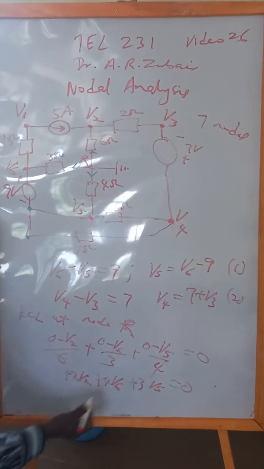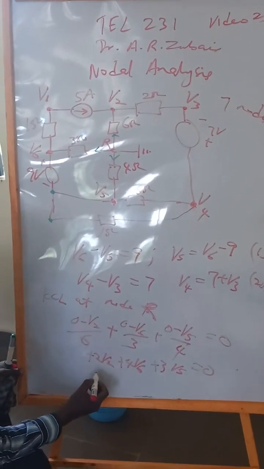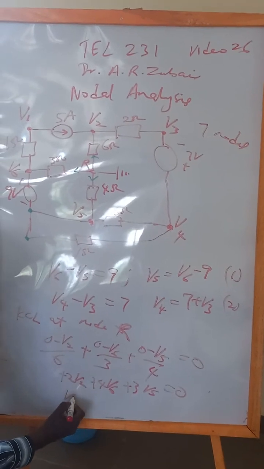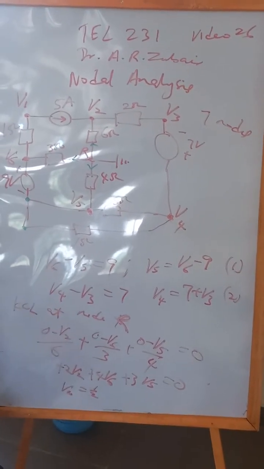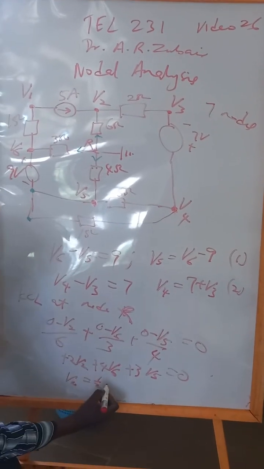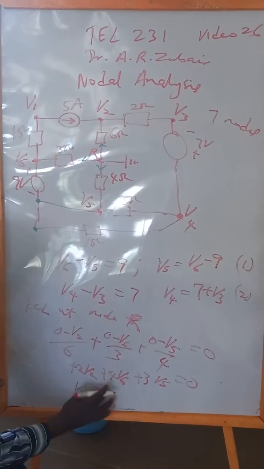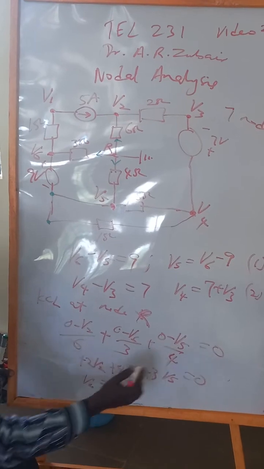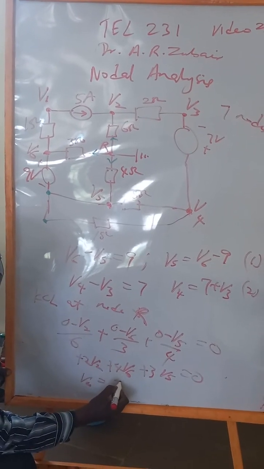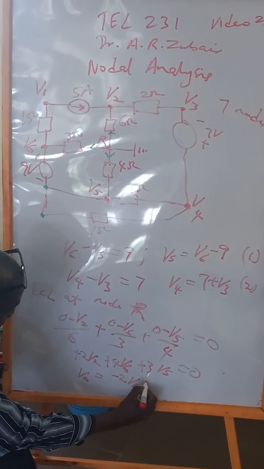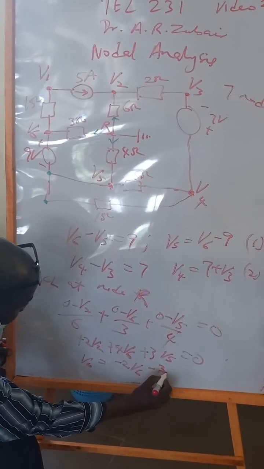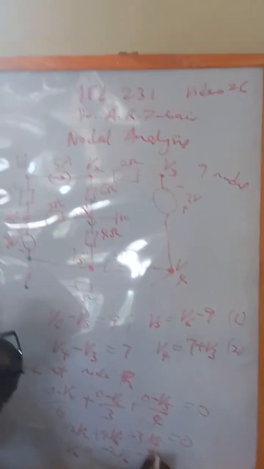Therefore, V2 is going to be half into, this one will go to the other side, minus 2V6 minus 3 over 2 V5.